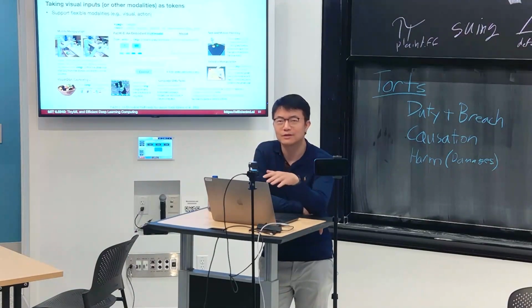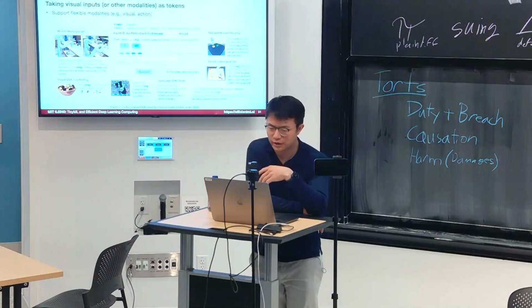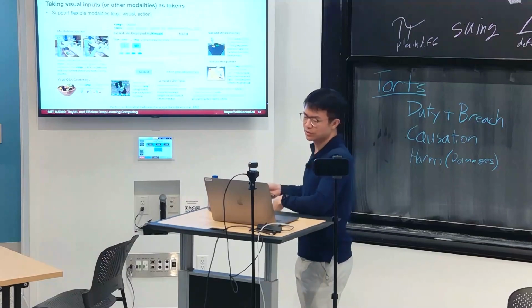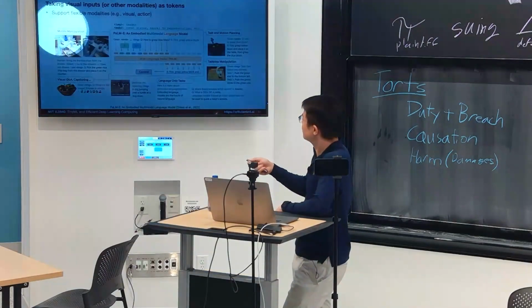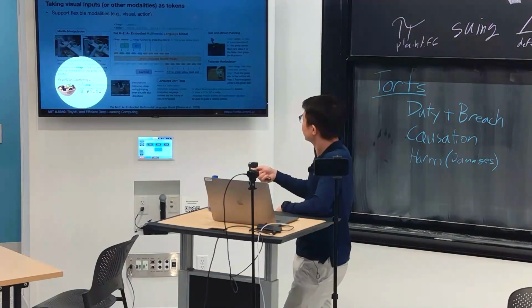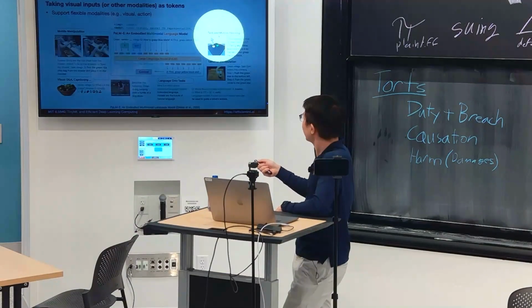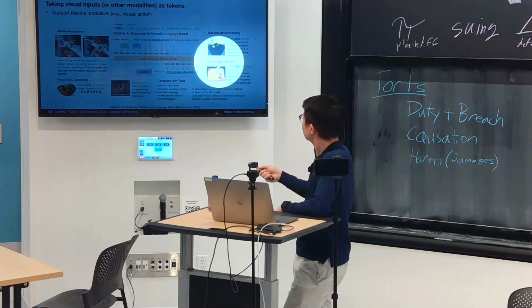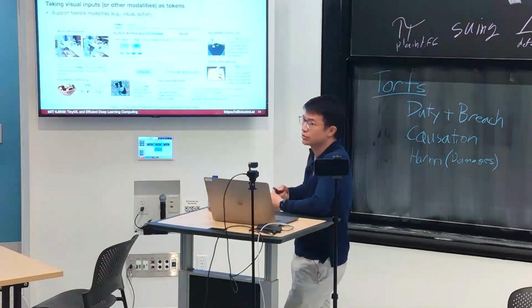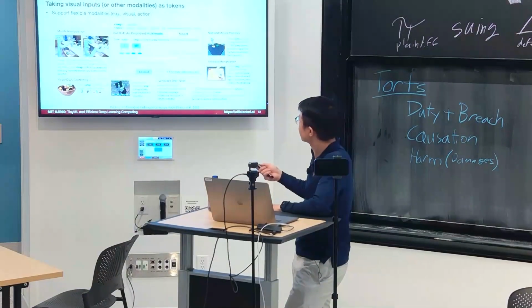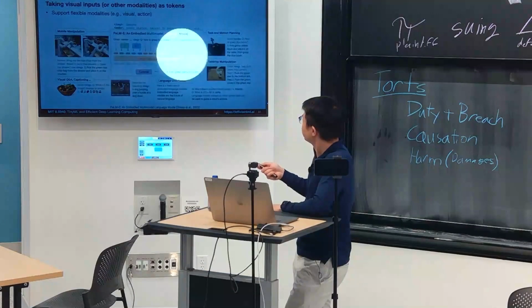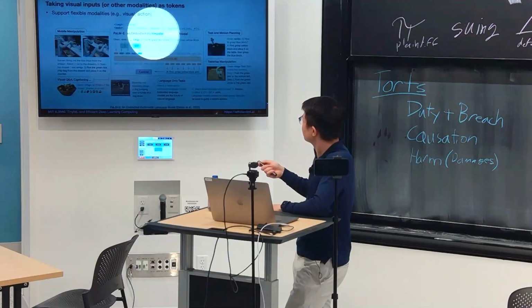Okay? Everything is tokenized and fed to the large language model and can support very flexible modalities such as mobile manipulation, visual QA, visual captioning, task and motion planning, tabletop manipulation. So cast everything into tokens. So PaLM-E is an embodied multimodal language model.